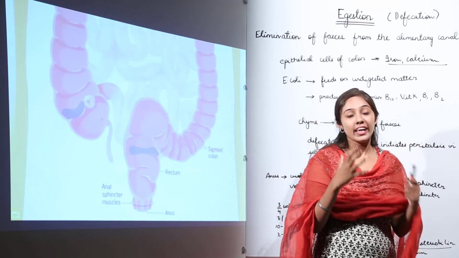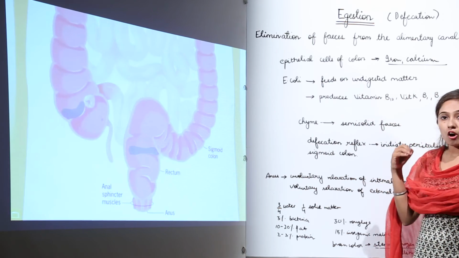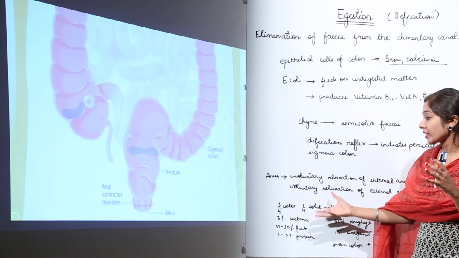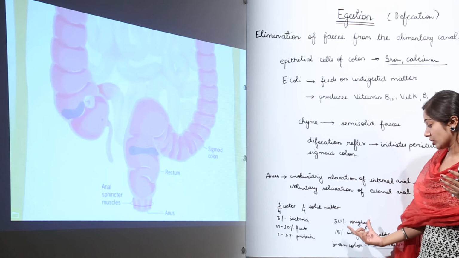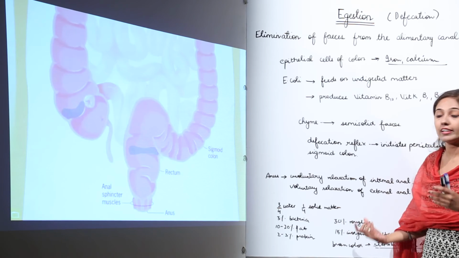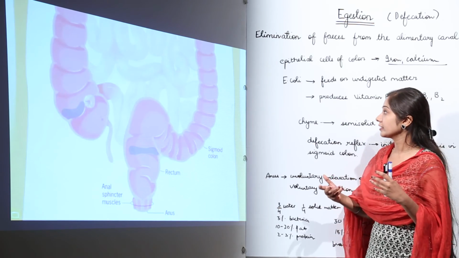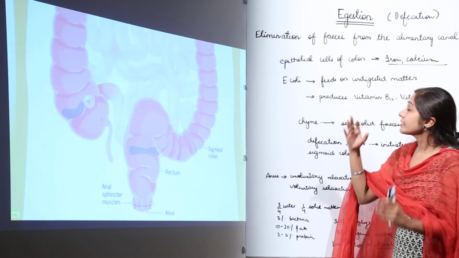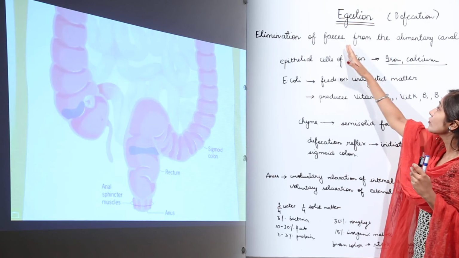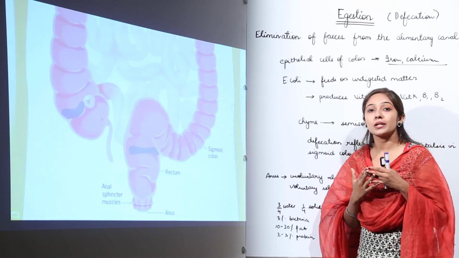So the main composition of the feces, in terms of amount, is that the major part contains roughage. 30% roughage is there in the feces, and the color is because of the pigments. So as a whole, this is how the egestion process works. This is how the elimination of feces from the alimentary canal takes place and the defecation process is completed.